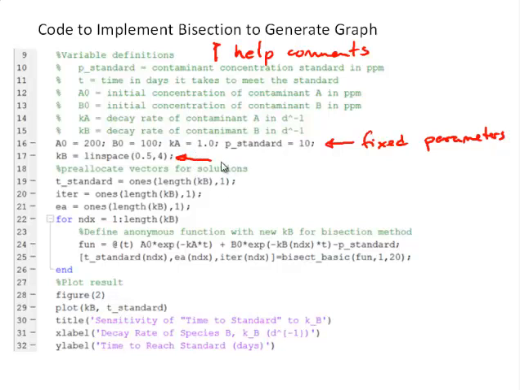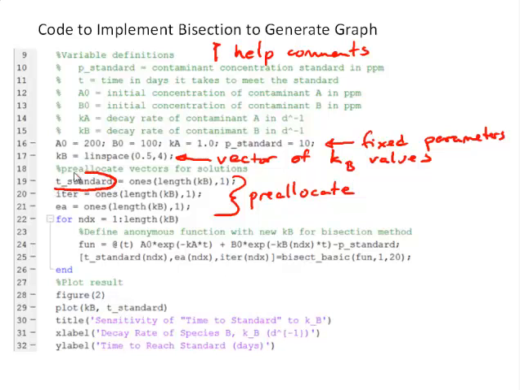So here we'll set up a vector of KB values. And then we're going to pre-allocate some vectors to store our results in. We want to calculate the corresponding time to reach the standard value. We'll define that as t standard, and we'll pre-allocate that with the same length as kb so that those two vectors are the same length.